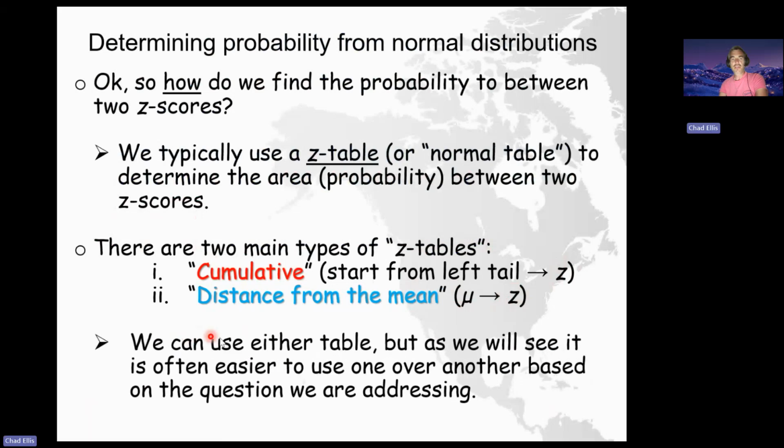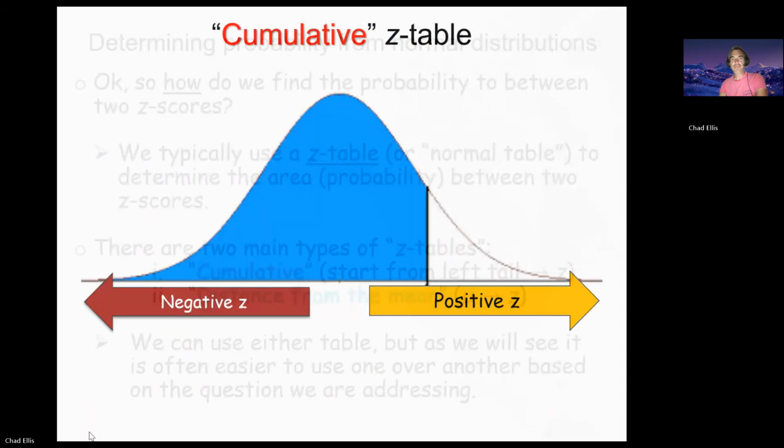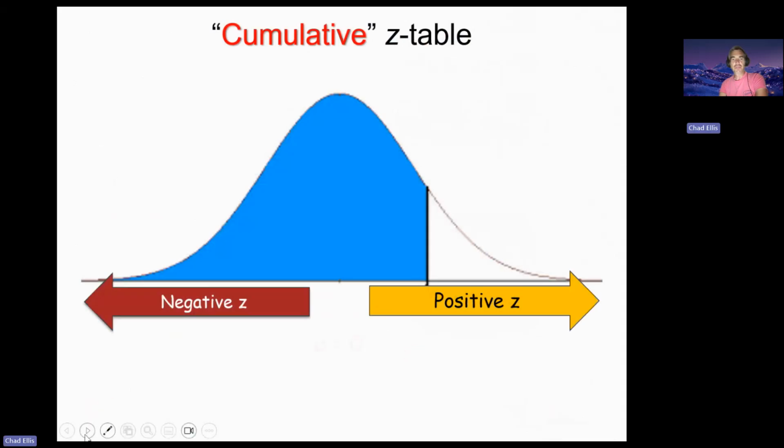As you'll see, we can use either of these tables, the cumulative or the distance from the mean, but sometimes there are advantages to using one or the other based on the type of problem we're dealing with. With our cumulative table, the middle point is always going to be the mean, equal to a z-score of 0. To the left of the mean we have negative z values, and to the right we have positive z values.